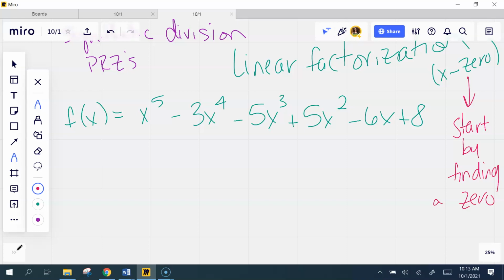How might I find a zero of this? PRZs. I do not know. x to the 5th minus 3x to the 4th minus 5x cubed. I do not know a zero right off the top of my head, and I'm assuming that you do not either.